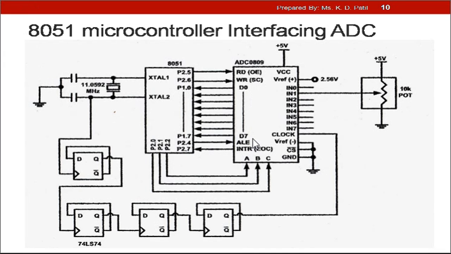After the conversion is started, this INTR pin, that is the end of conversion pin, will be monitored continuously to check whether the conversion is over or still pending. When conversion is pending, this pin will be 1, and the moment conversion is over, the value of this pin will go to 0.